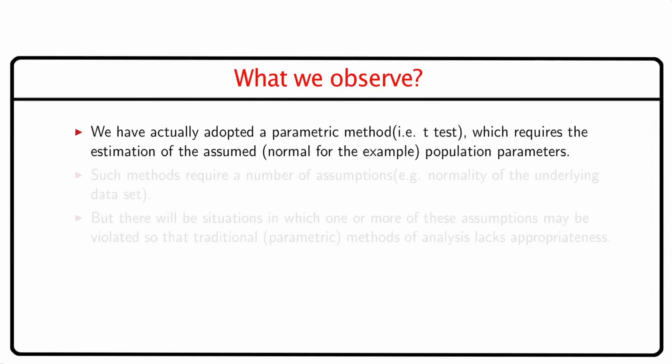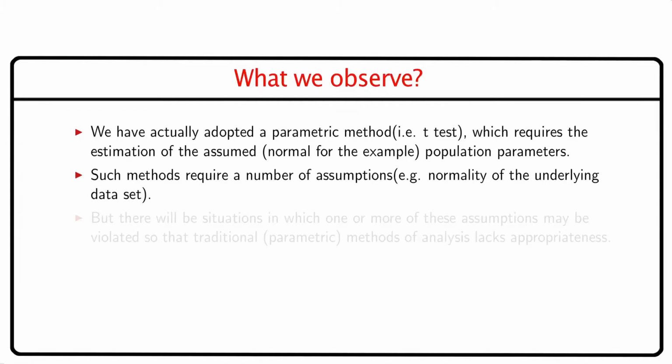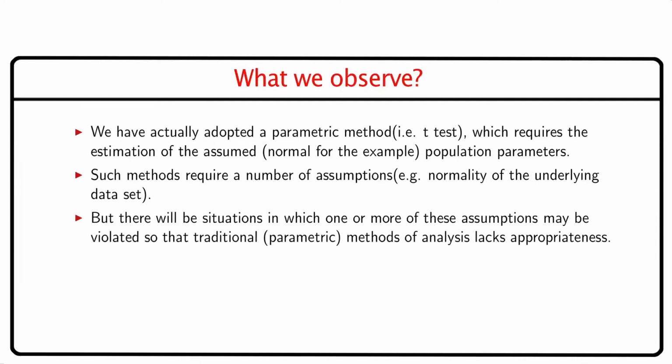What do we observe? In the previous problem, we adopted a parametric method, that is, the Student t-test. A t-test requires the estimation of the assumed population parameters. For the t-test, we assume normality, and such methods require a number of assumptions, for example normality of the underlying data set, but there are situations in which one or more of these assumptions may be violated, so that the traditional or parametric methods of analysis lack appropriateness.